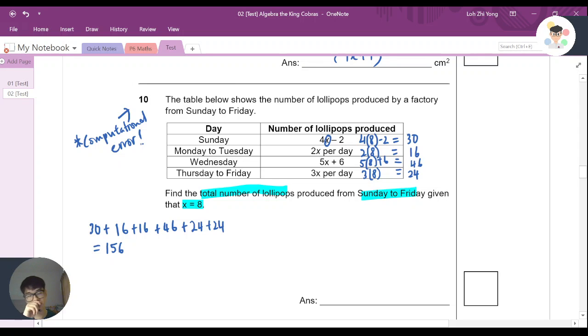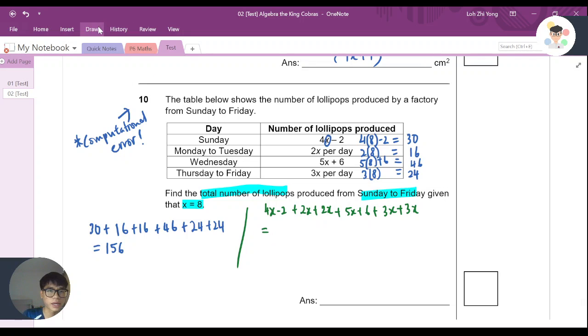Just in case some of you might prefer the algebra way, which means you add it together as algebra first, then you solve and evaluate. So what you do is 4x minus 2, this is Sunday, plus Monday and Tuesday, 2x plus 2x, plus Wednesday, 5x plus 6, plus Thursday and Friday, 3x plus 3x.